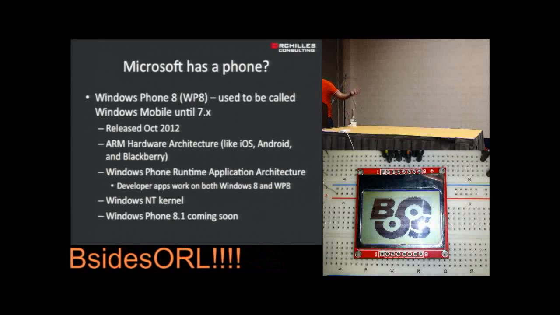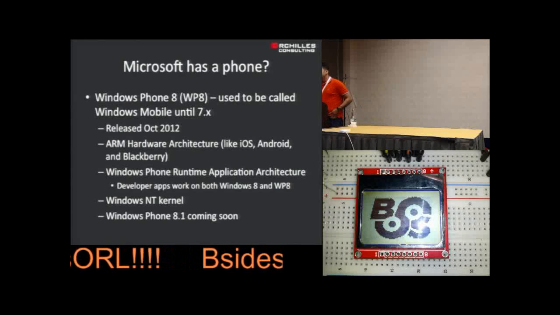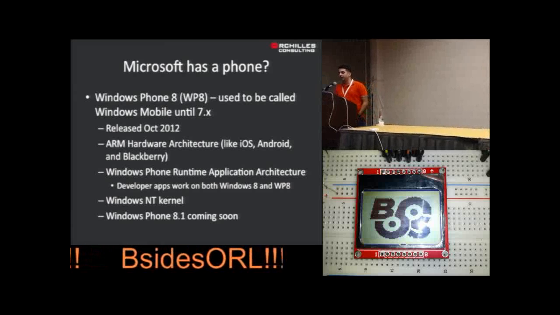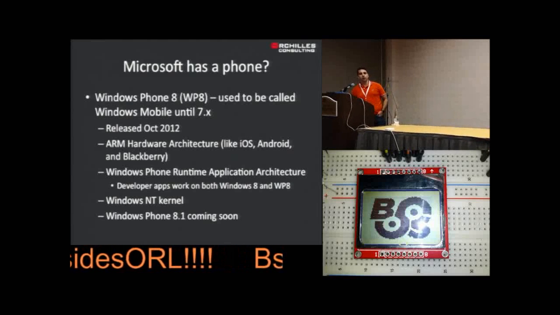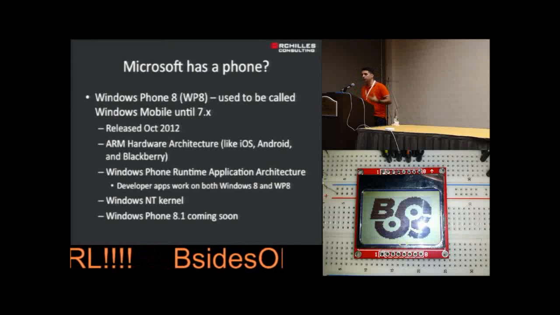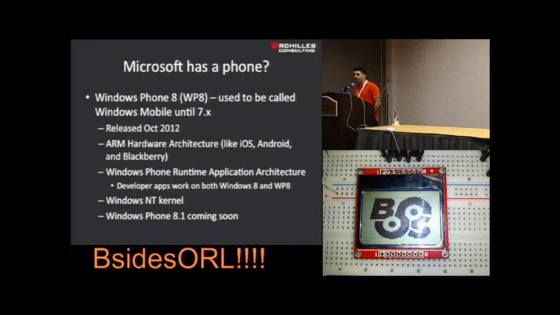It's Windows apps that they're porting over, or even mobile sites that they're porting over. And most importantly, it does run the Windows NT kernel. That's very important from a security perspective. So you guys do know Windows NT back in the day. That kernel that was introduced in that server hardware is now being used on their phone.